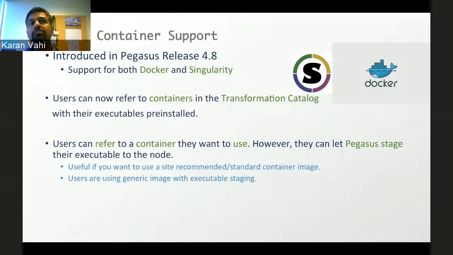So this is useful if you want to use a site recommended or a standard container image, and then deploy your executables into the container as your workflow runs. This use case is useful when you're developing your application code. And you can use this in conjunction with executable staging.